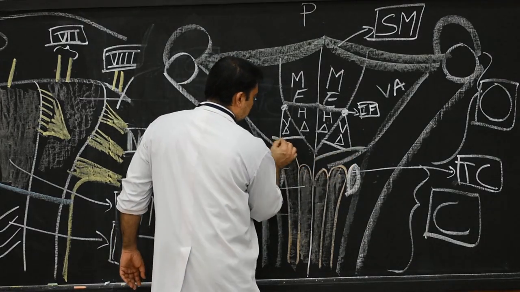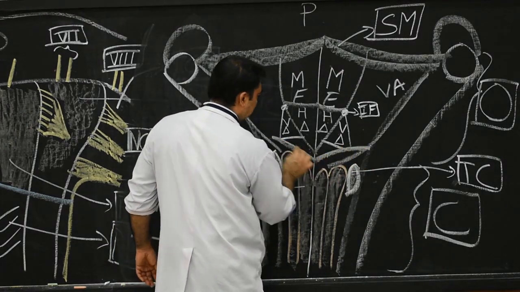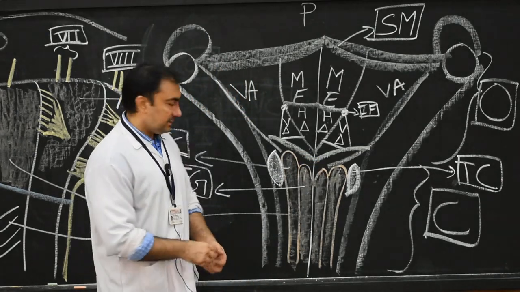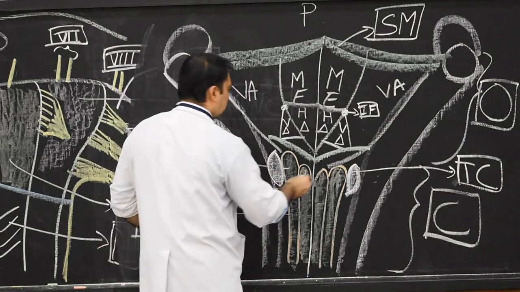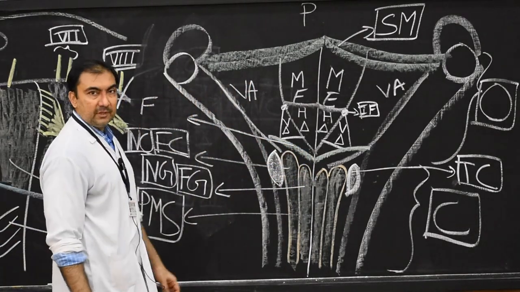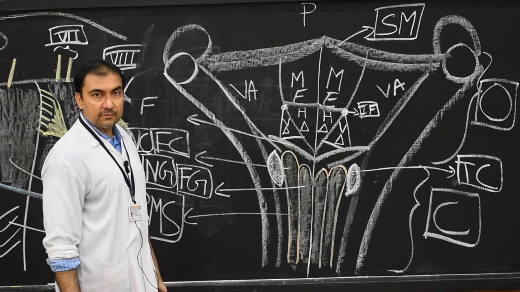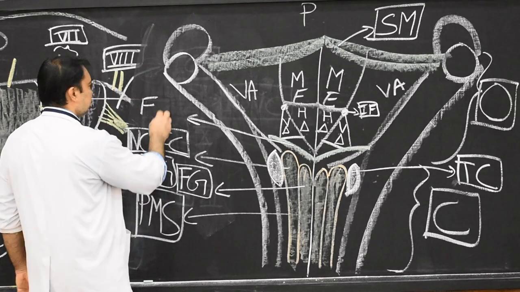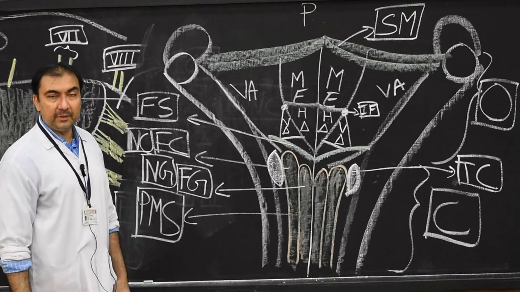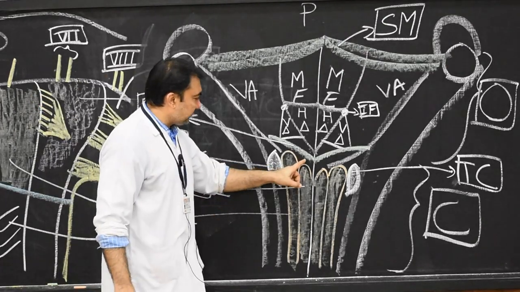Here, these two are the ependymal ridges known as funiculus separatus. You should also mention the spelling: F-U-N-I-C-U-L-U-S, funiculus separatus, S-E-P-A-R-A-T-U-S. Ependymal ridges.